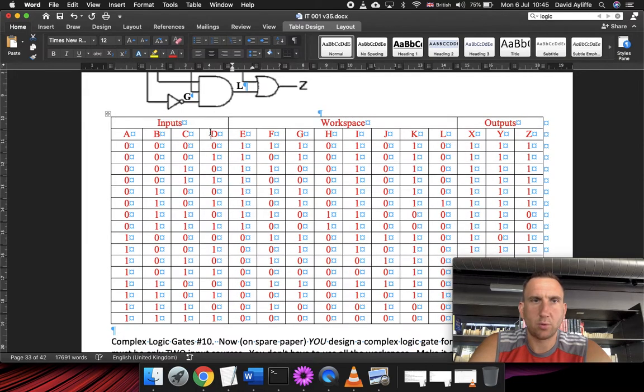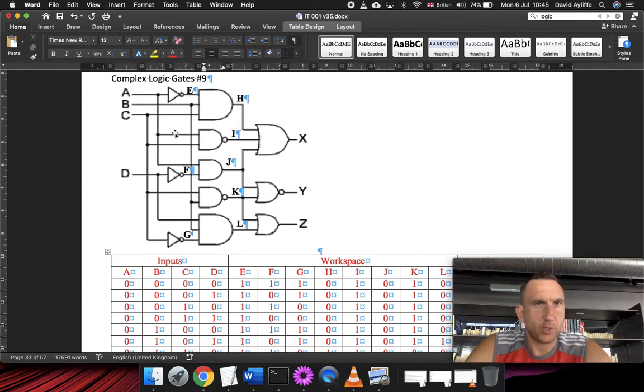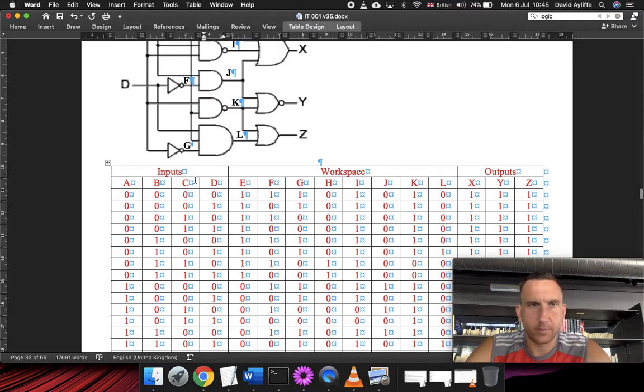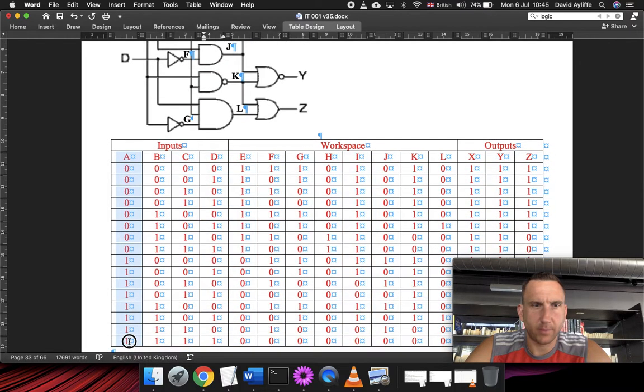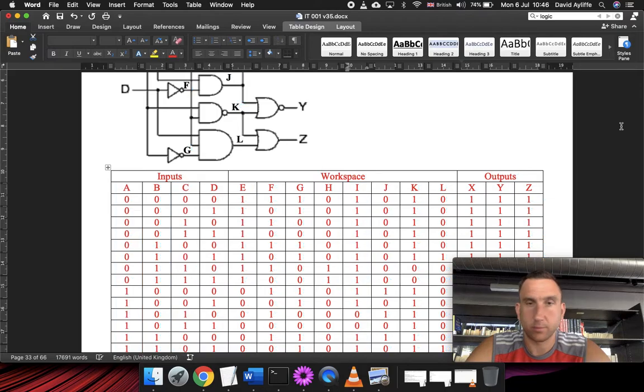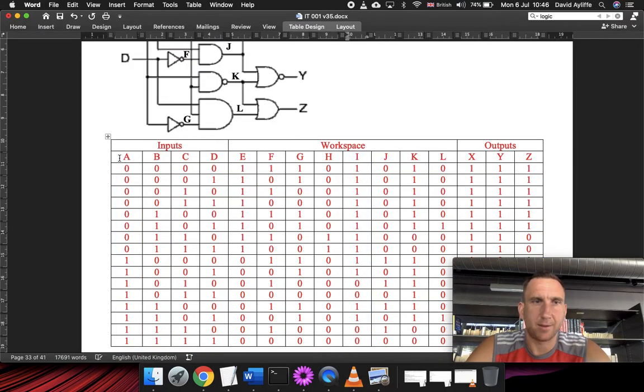Can I highlight an individual column here? Kind of. Okay, that's a bit better. Right, so let me hide that bar. I is A NAND C. So we have column A, C, and we're after I.